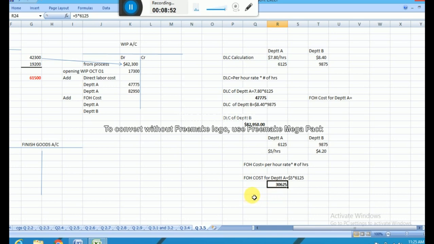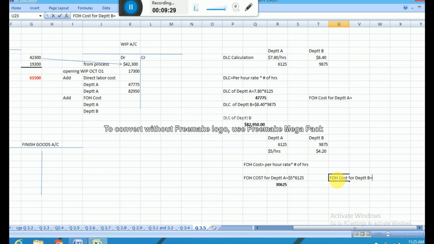Now factory overhead cost for department B is equal to the per hour cost, that is 4.20, and the number of hours are 9,875.